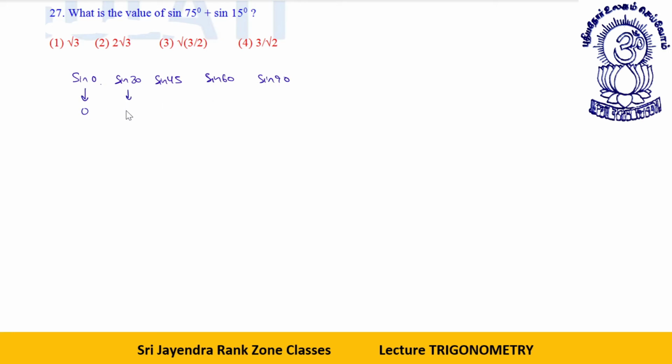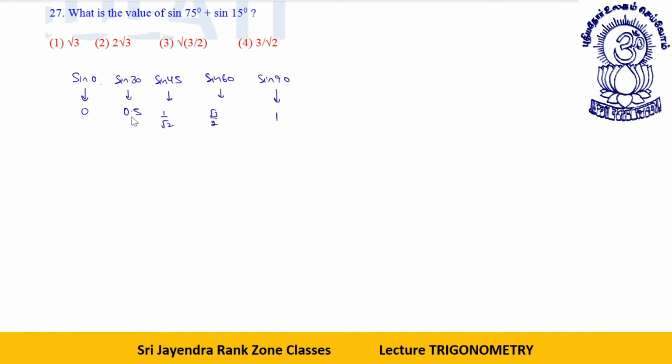Sine 0 is 0, sine 30 is 0.5, sine 45 is 1 by root 2, sine 60 is root 3 by 2, then sine 90 is 1. Just let's assume the values and find out what can be the answer.